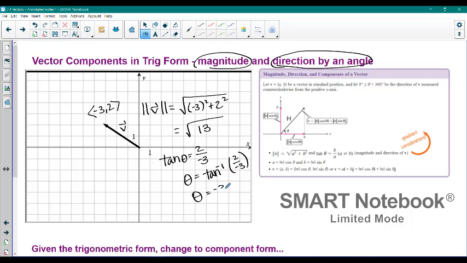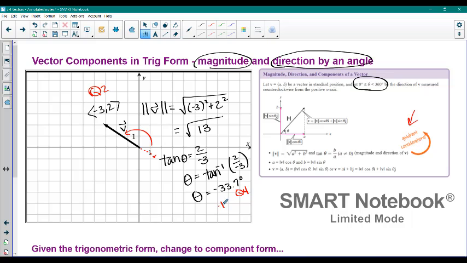So we go to our calculator, and our calculator gives us -33.7 degrees. All right, so we've got some quadrant considerations here. -33.7 is in quadrant 4. Our angle is here in quadrant 2. So how are we going to get this angle around where it needs to be?